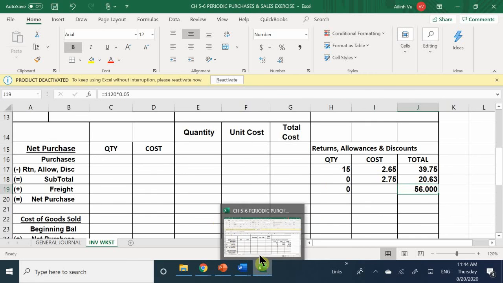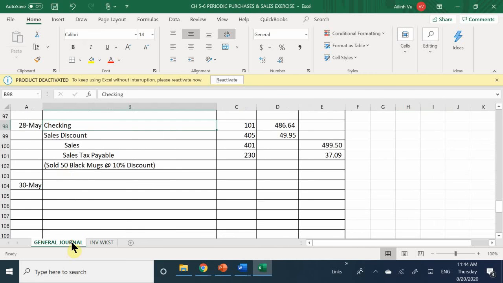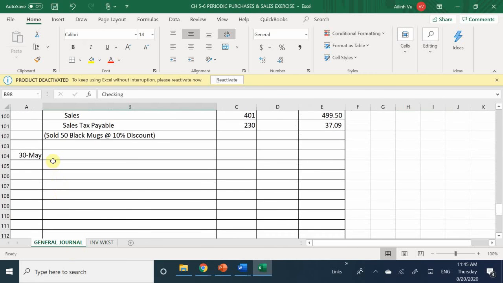Okay, so let's go ahead. What journals should we expect to see? Checking, yes, that's one of them. Accounts payable, because we're paying off what we owe. So therefore, we need to decrease our accounts payable. What else are we going to incur?